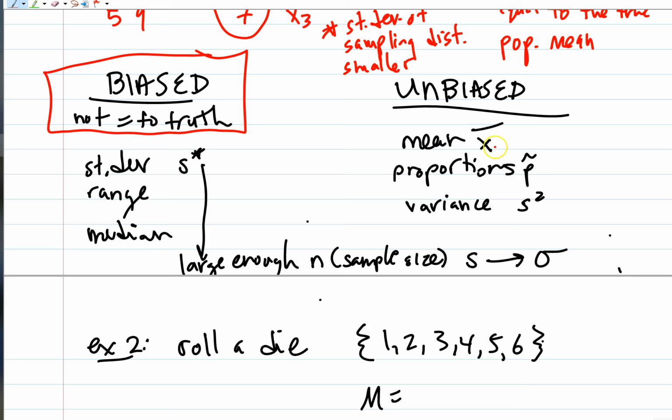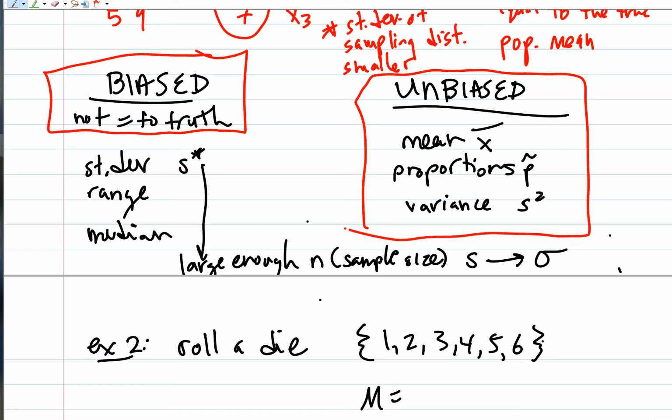But for now, we aren't going to be using these to estimate, okay? The means are unbiased. We just saw that when I did the mean of the means, it equaled the true mean, okay? So the means are unbiased, which means, I'm going to write that down. The mean of our means equaled the true mean. Proportions are unbiased. If I do the mean of proportions, it's equal to the true proportion.